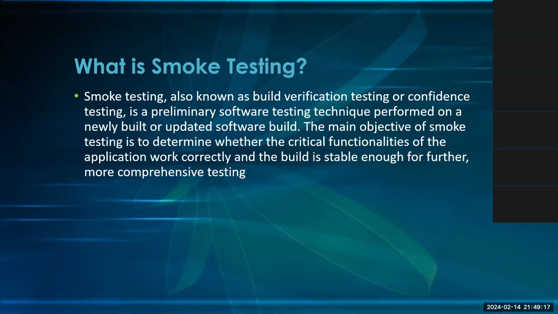Some of the things in smoke testing are when you do your automation, when you execute. When you are doing your smoke testing, you also look out for the scope and early detection of major defects.